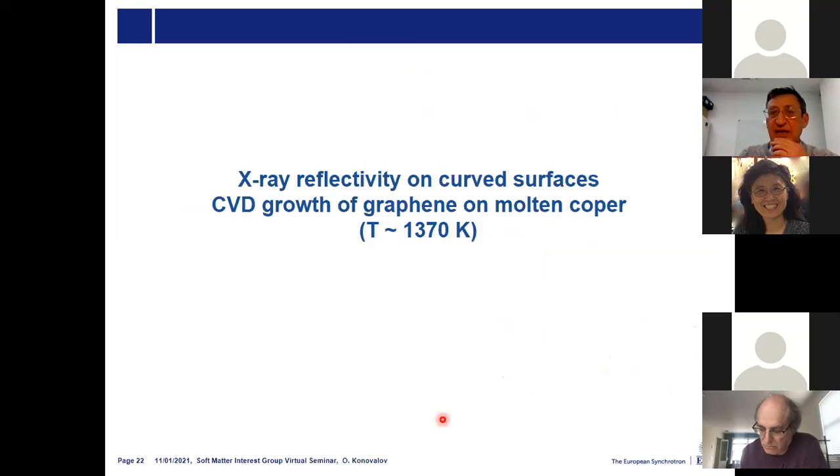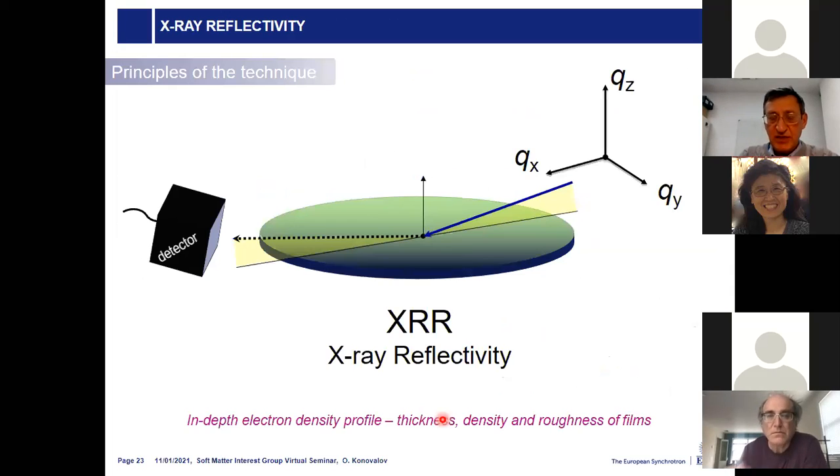And the next step we did to characterize the grown graphene was to apply X-ray reflectivity measurements. To remind you, we change the grazing angle and we look at an exit angle equal to the incident angle, and by the ratio between the incident beam intensity and the scattered intensity, we deduce the reflectivity.